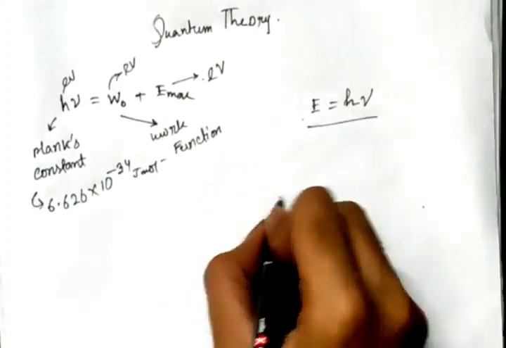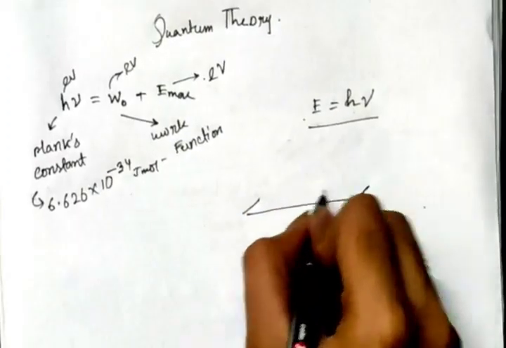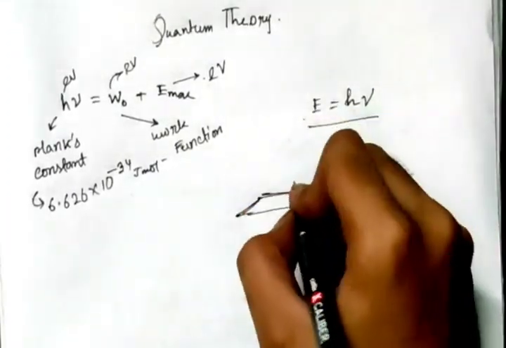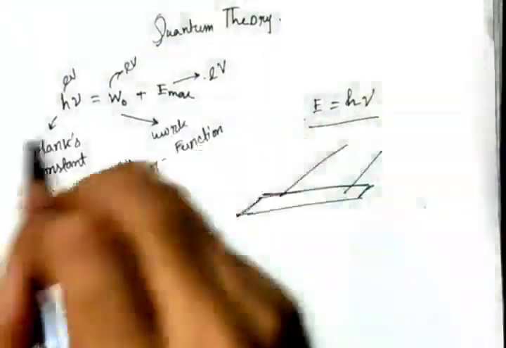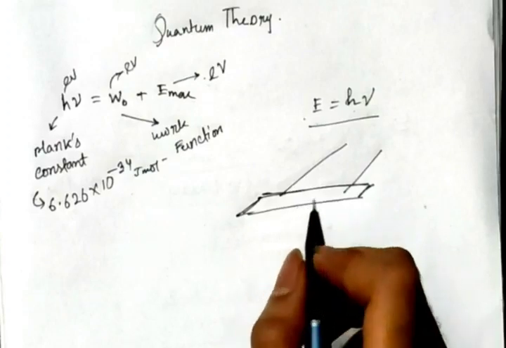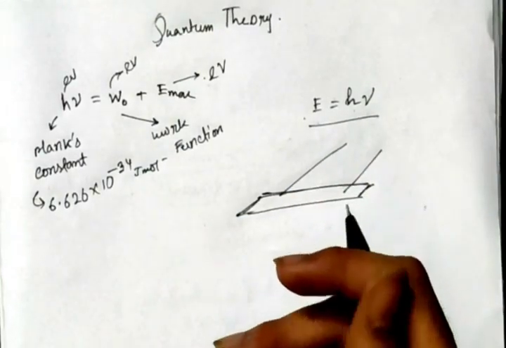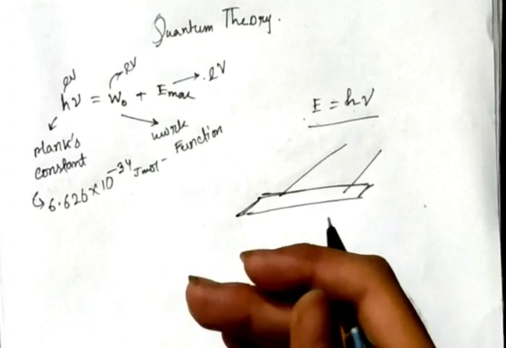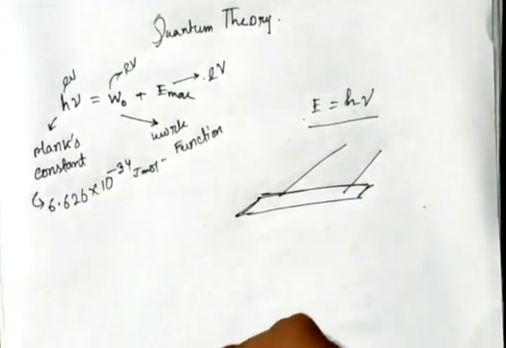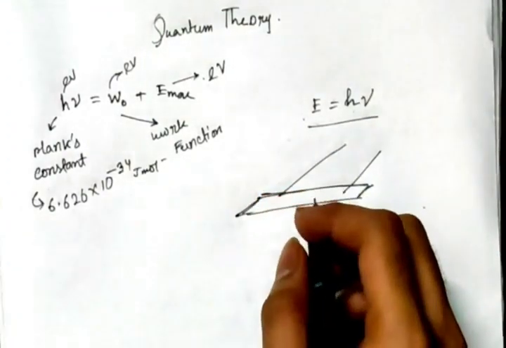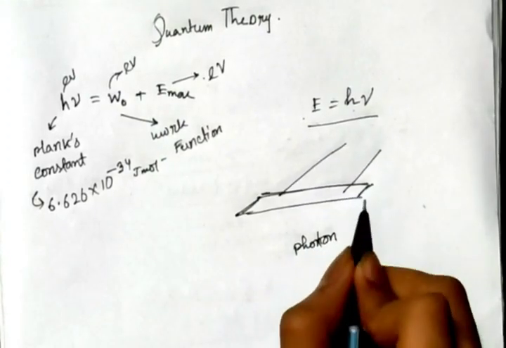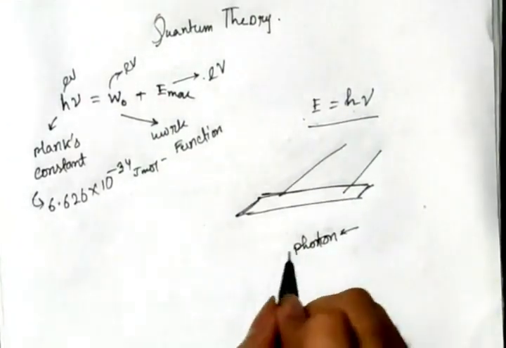Let us take a metal plate, a metal which shows the photoelectric effect, and light is propagating on it. Einstein told us that we should remember that light is nothing but the flow of photons. Now what is a photon? A photon is the quanta for light.